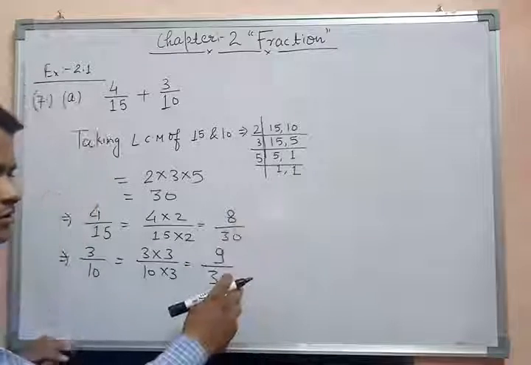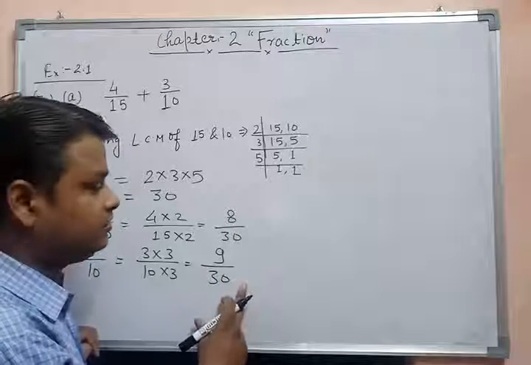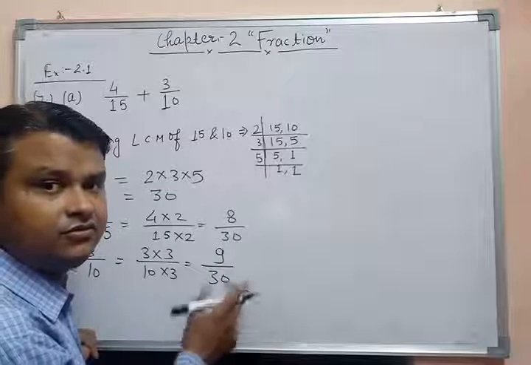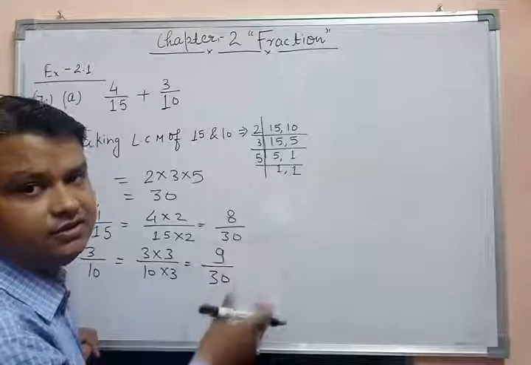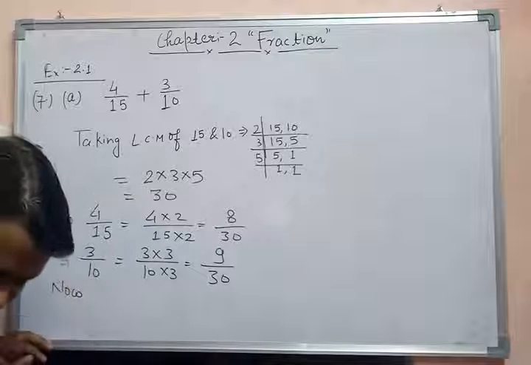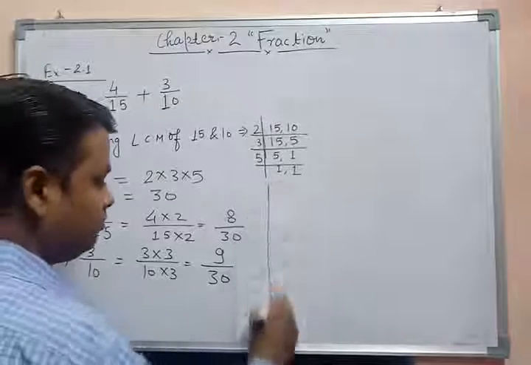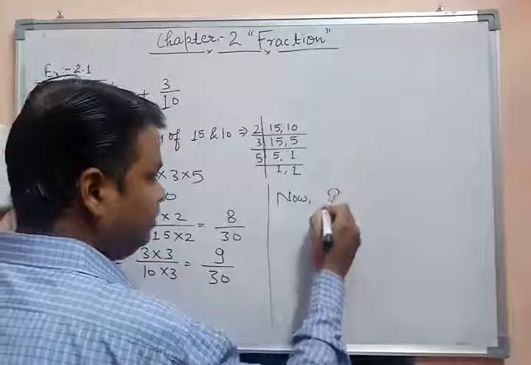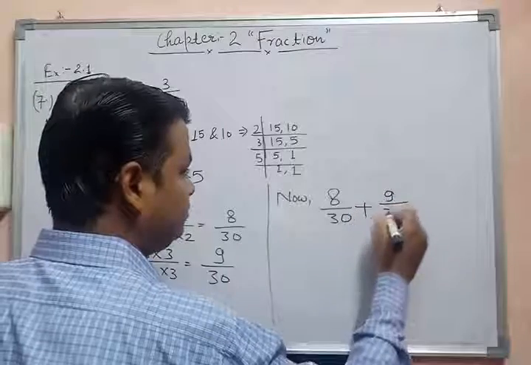So students, here we can see that both fractions are converted into like fractions because the denominators are the same. Now if you have to find the sum, it is very easy. You have to add both fractions, 8 upon 30 plus 9 upon 30.